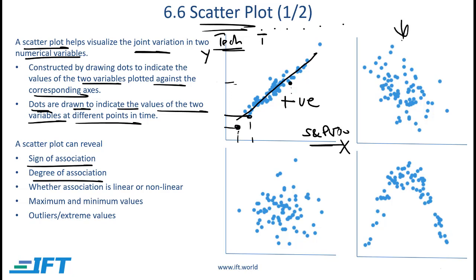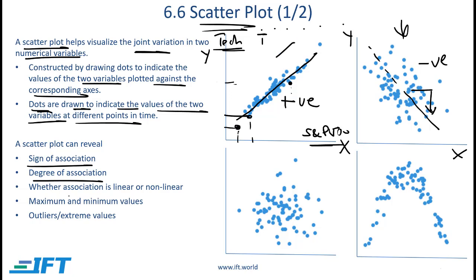If we look at this example, let's say that this is variable x versus variable y. Now here, the sign of the association is negative because as x increases, y decreases. So this is a negative association. The degree of association is not as strong as what we have with the first graph over here.